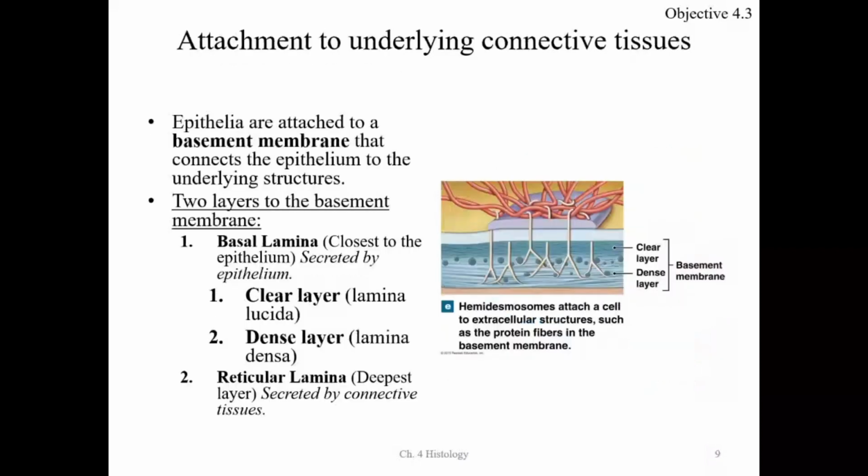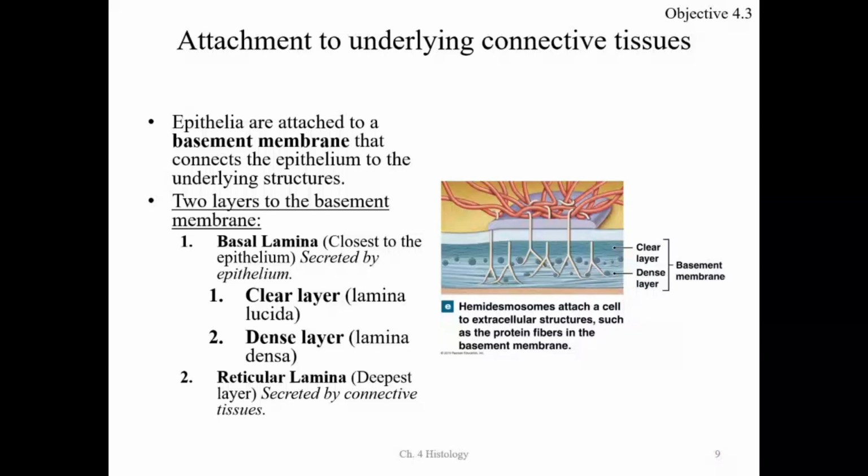Okay, now, this happens to have a really good image of our basement membrane. In the basement membrane, you can see two of the layers here. It's the only thing that shows the basement membrane at all. If you've ever seen anybody put down tile flooring, think of the tile as the epithelium.